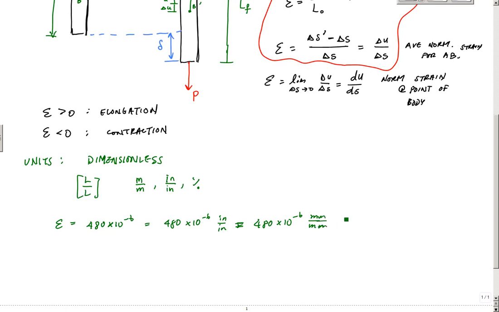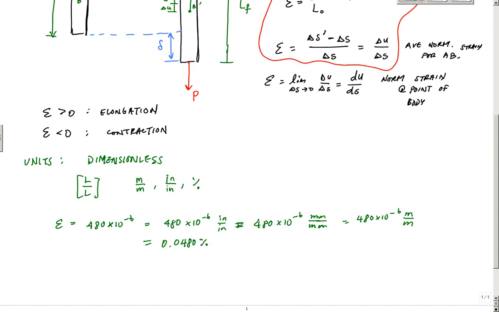If you wanted to express this as a percentage, you multiply this by 100, and it would end up being 0.0480%.